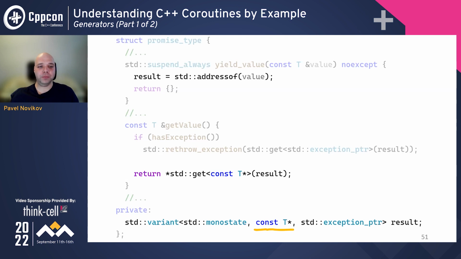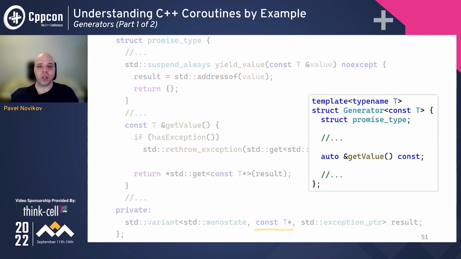And consequently, we return a const reference to that value from function getValue. And we don't need to check what kind of result we have at this point. And in the result variant at the bottom of the slide, we don't have to have multiple kinds of results again.